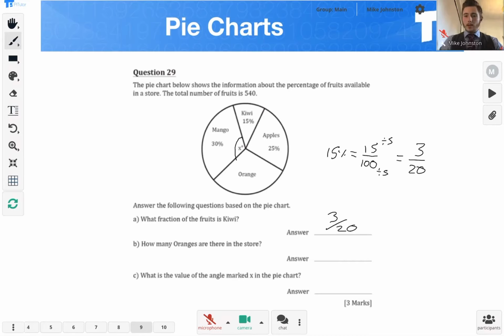Okay, and then I want to know how many oranges there are in the store. They haven't even given us a percent for oranges, but we know that the total must be 100%. So all of these added together must be 100%. I'm just going to add up all the others. So 25, 30, and 15 is going to be 70.